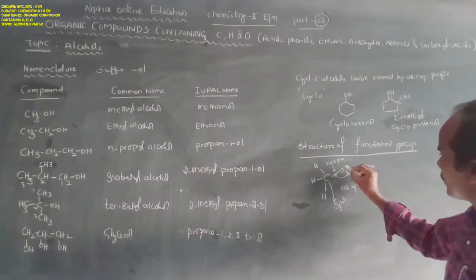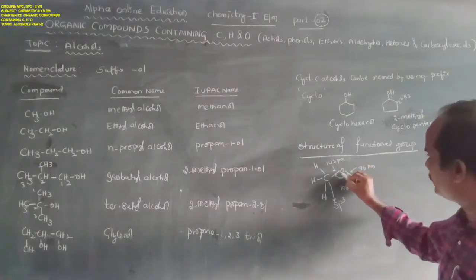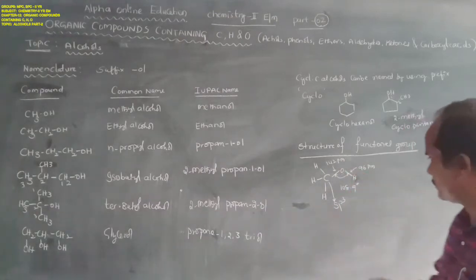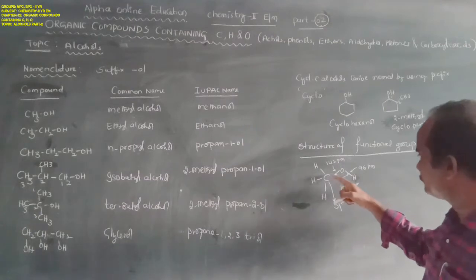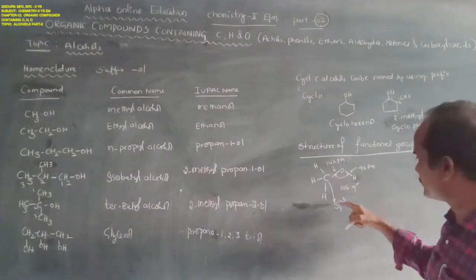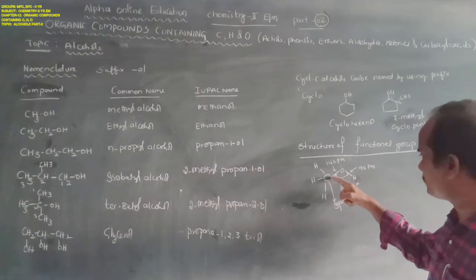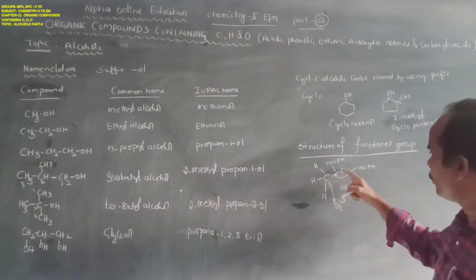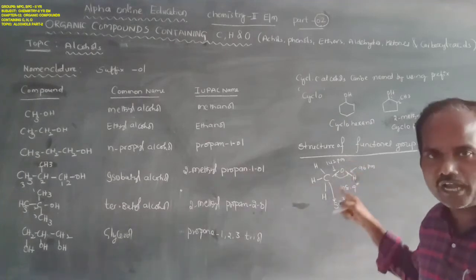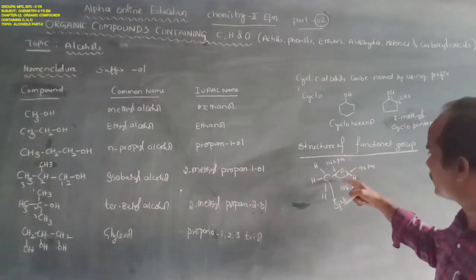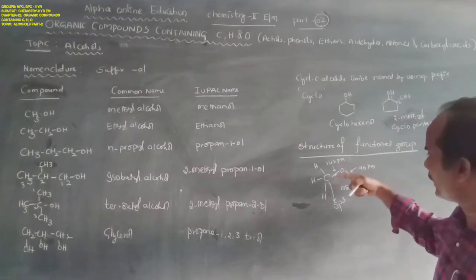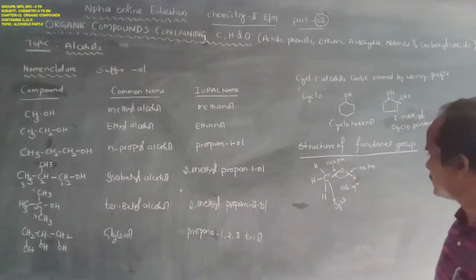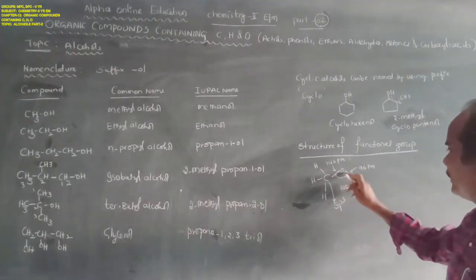Again, the oxygen is also involved in sp3 hybridization. The sp3 hybridized orbital of carbon overlaps with the sp3 hybridized orbital of oxygen, and a sigma bond is formed between carbon and oxygen.